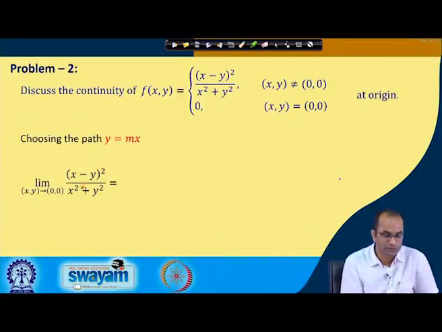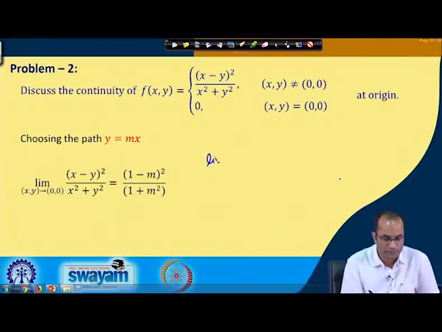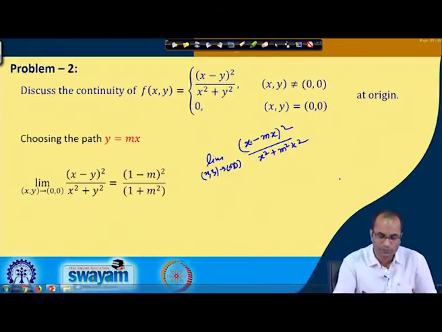So, when we substitute y is equal to m x, we get the limit as x y goes to 0 0 of x minus m x whole square divided by x square plus m square x square. From there we take x square common, so it will be removed and we get 1 minus m whole square divided by 1 plus m square, free from x.